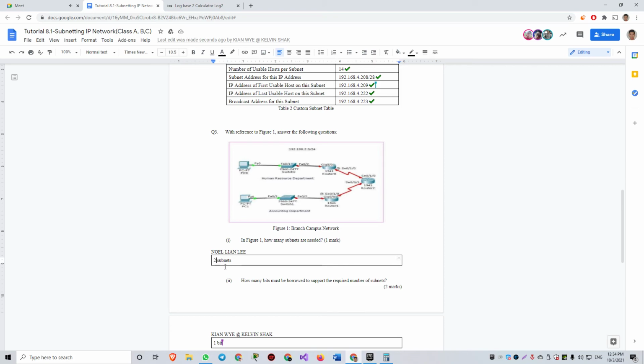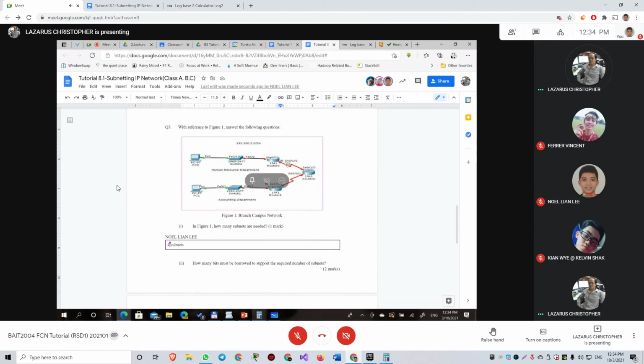This part, router 0 to router 2, is one network. Router 1 to router 2 is another network. Then router 0's other interface going to switch 0 is one network. Router 1 going to switch 1 is one network. So there are 4 networks, 1, 2, 3, 4. So 4 subnets.